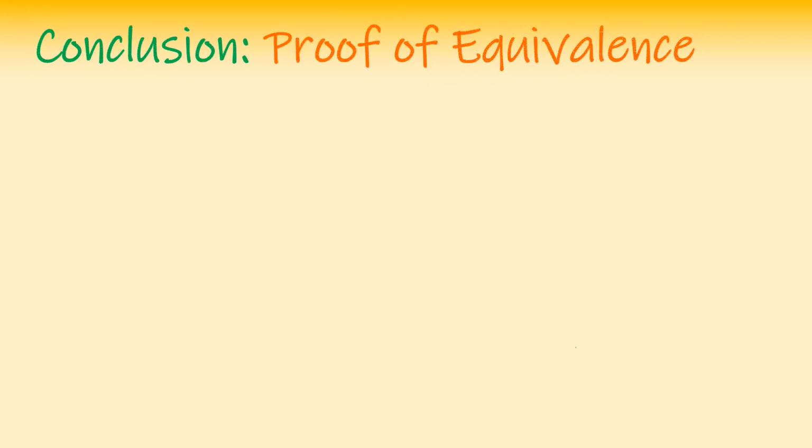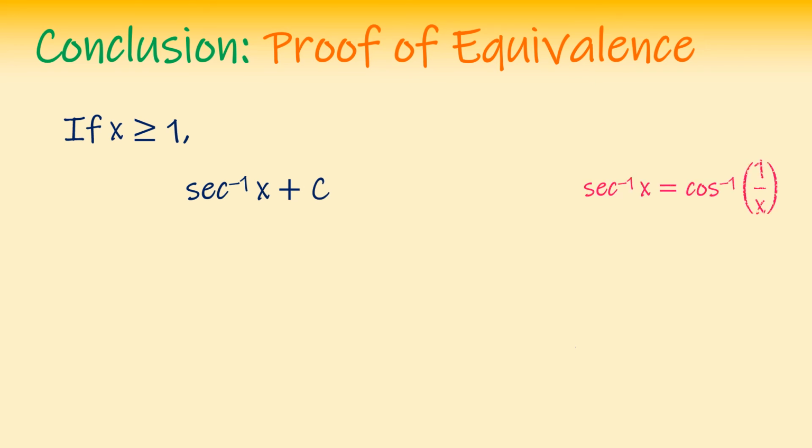Conclusion. Proof of equivalence. If x is greater than or equal to 1, the answer of solution 1 is the inverse secant of x plus c. The inverse secant of x is equal to the inverse cosine of 1 over x.